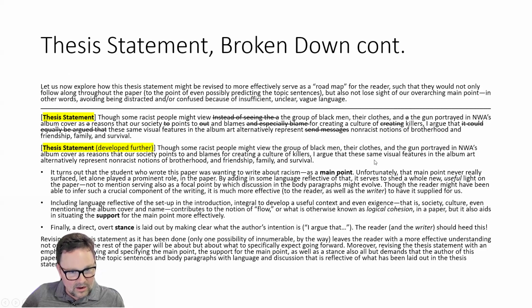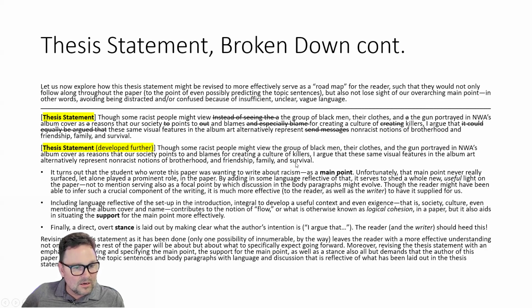So right here it says, I argue these same visual features in the album art alternatively represent brotherhood, friendship, family, and survival. These four ideas are also what they're going to be arguing against, the other items here in the beginning of the thesis statement.